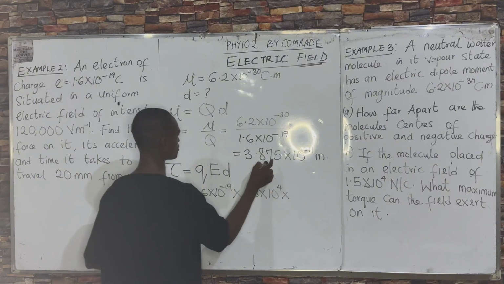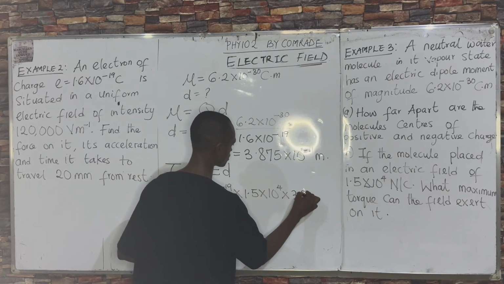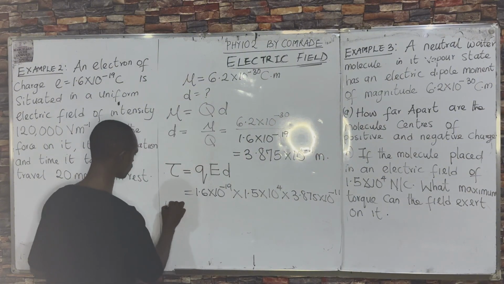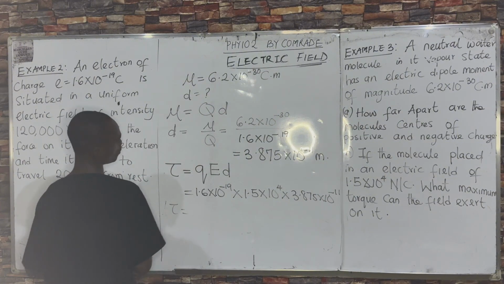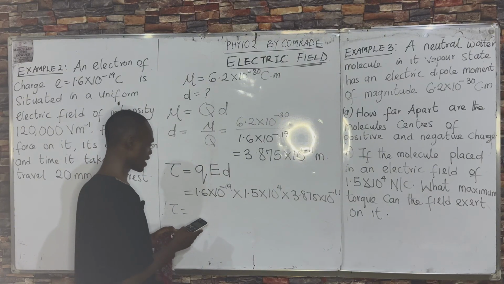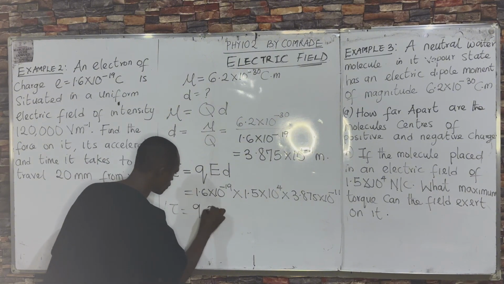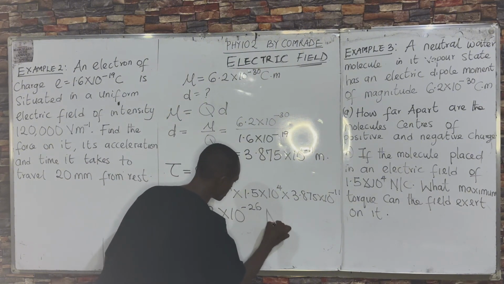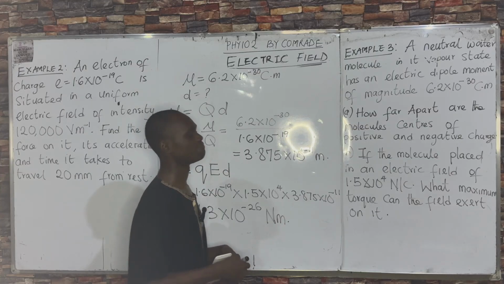And what was our distance from our calculation? 3.875 times 10 raised to the power minus 11. This is a whole lot of pressing of calculator. So I'm having 9.3 times 10 raised to the power minus 26 Newton meter.